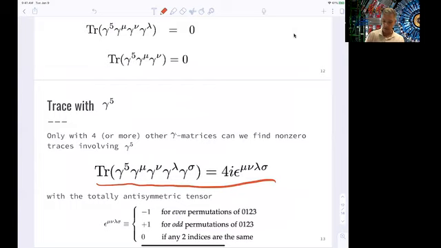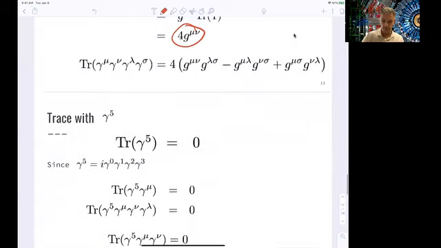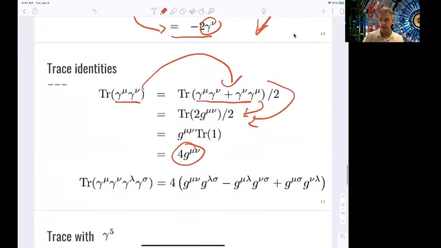The totally antisymmetric tensor is defined as -1 for even permutations of those numbers here, +1 for odd permutations, and 0 if there's two indices of the same. All right. Again, I'm not showing you this in too much detail, but I encourage you to play around, and you will be asked in the next homework to play around with some of the calculations as well.